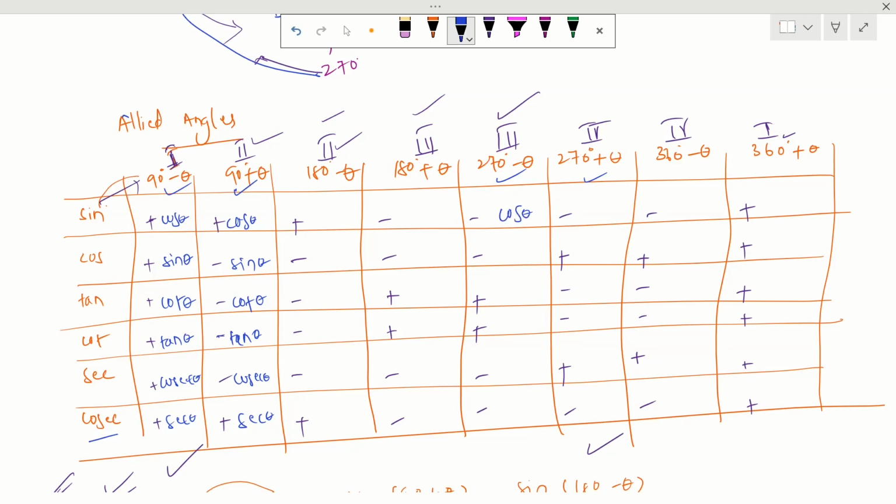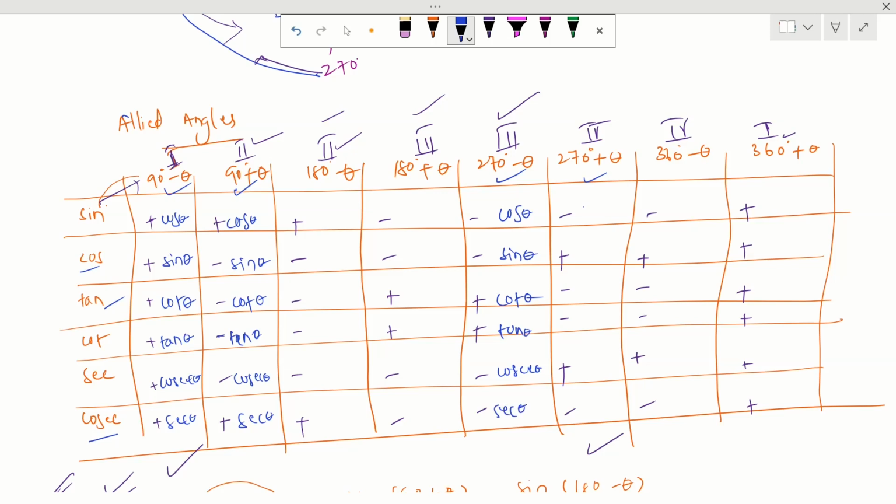This is the sine of 270 minus theta. Okay, this is sine theta. Cos will be converted into sine theta. This tan theta will be converted into cot theta. Cot theta will be converted into tan theta. Secant theta will be converted into cosecant theta, and cosecant will be converted into secant theta.